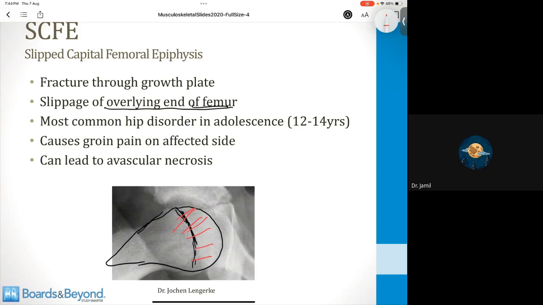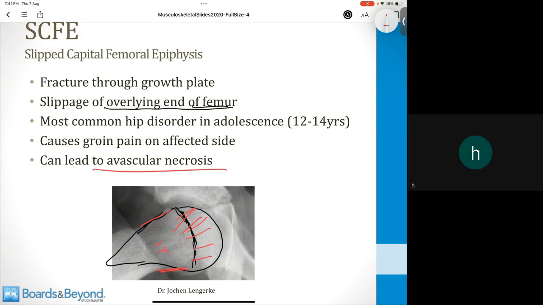So as the head of the femur falls off, won't we have vascular compromise? The vessels are also going to tear, and as they tear, we can have avascular necrosis again, to this head.